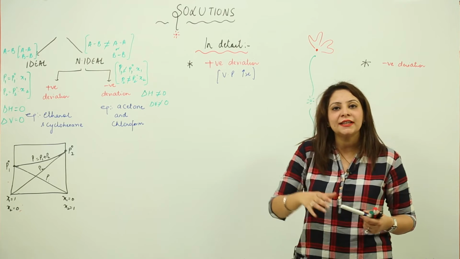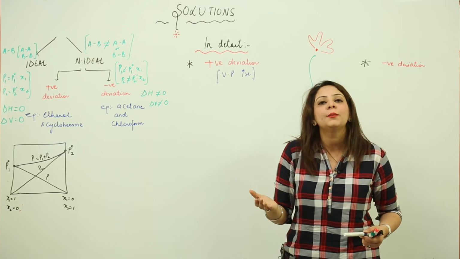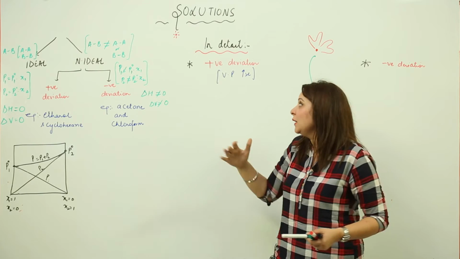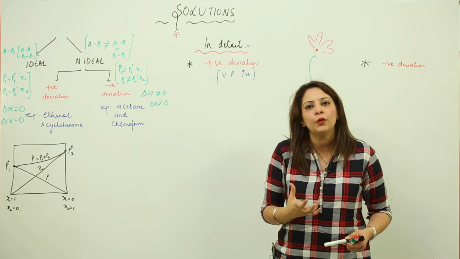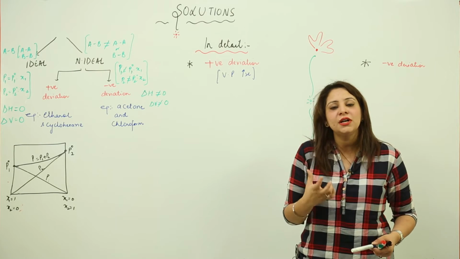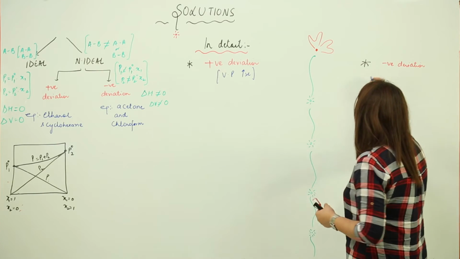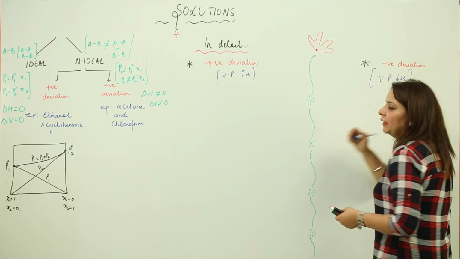Positive deviation means the pressure exerted is somehow more than the product of the pressure of the pure solvent and the mole fraction, right. So that means the vapor pressure of the solution is increasing. On the whole, we can say the partial pressure of the solution is increasing in this positive deviation.